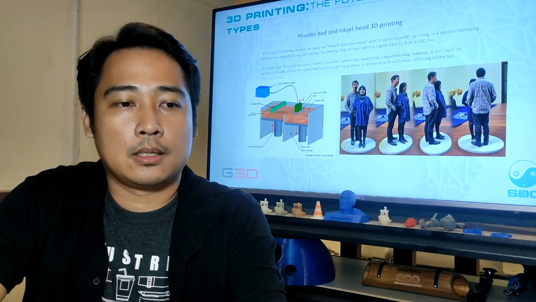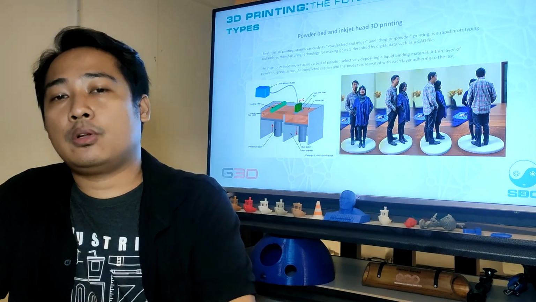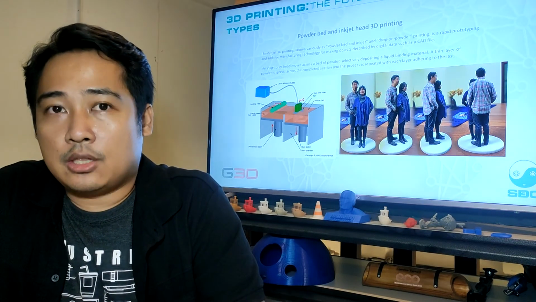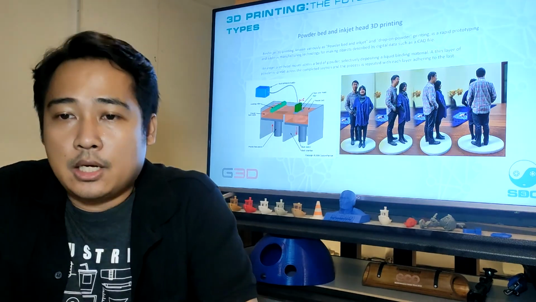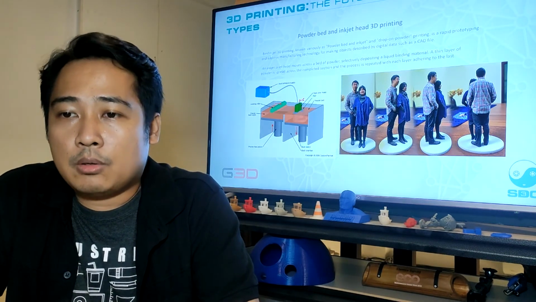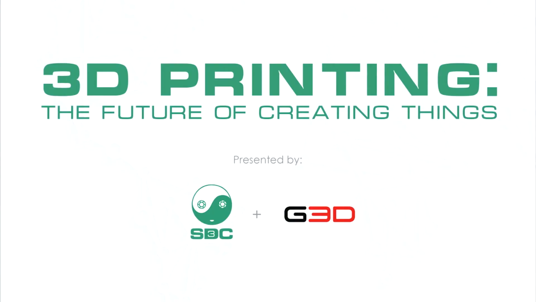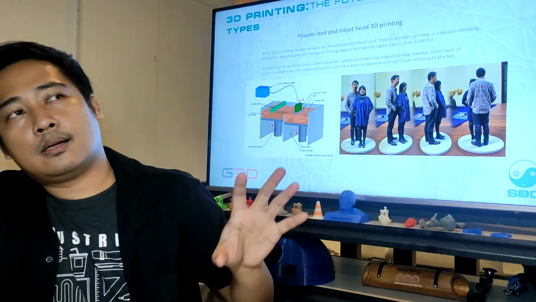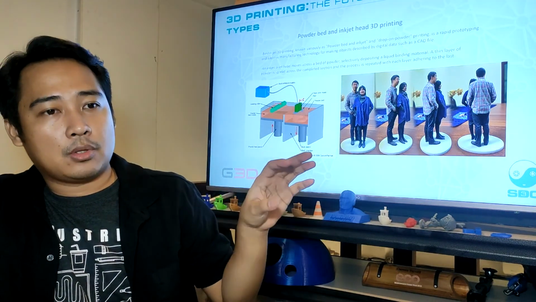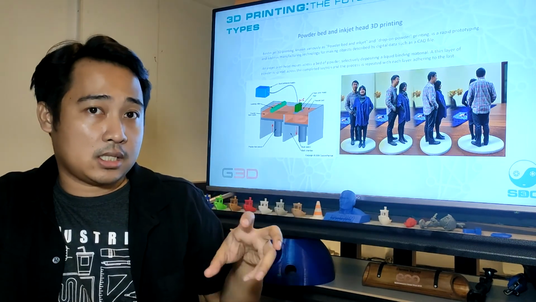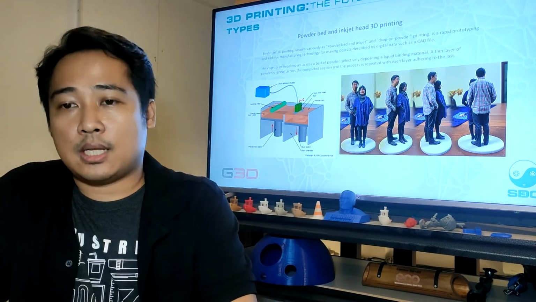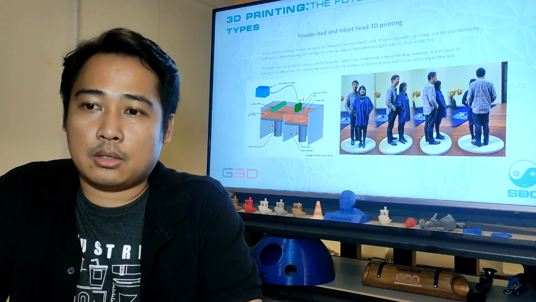So the next is the powder bed and inkjet head 3D printing. The binder jet 3D printing is known variously as the powder bed and inkjet. It's like SLS, using a powder, and then the inkjet or color is like the resin that can be cured. So that's basically the technology.